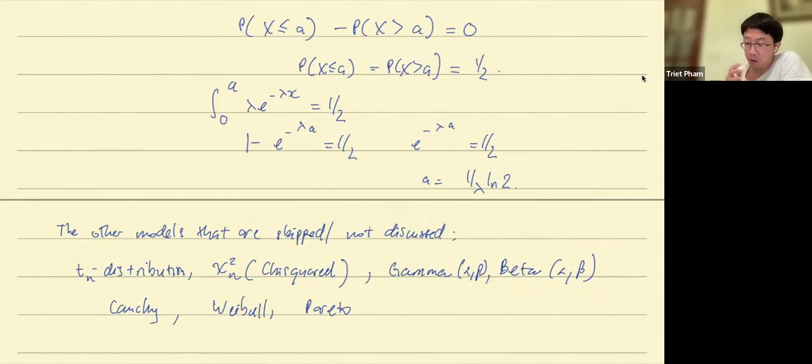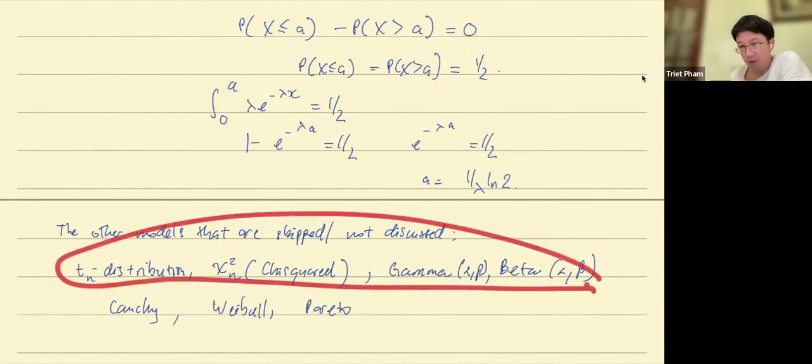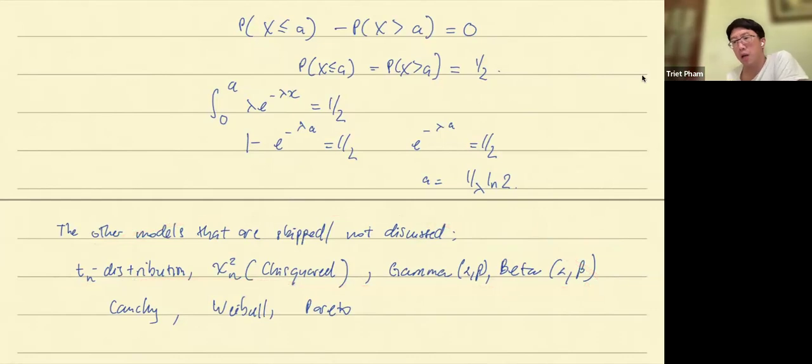So these things are in some way generalizations of the exponential and other things we know. And notice that some of them have a lot to do with sums of independent random variables, which we have not talked about. That's also the reason why it's not the place to discuss them yet.